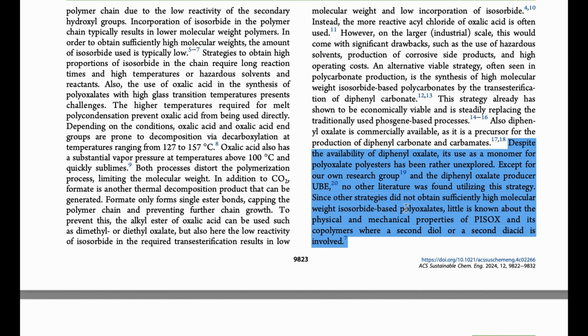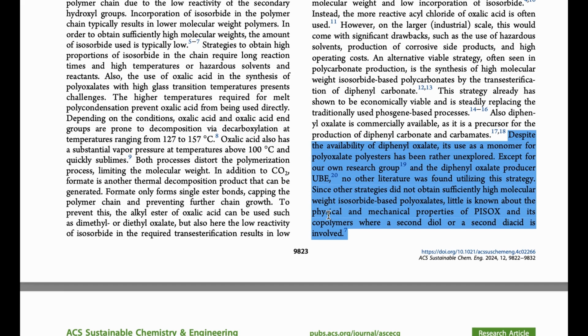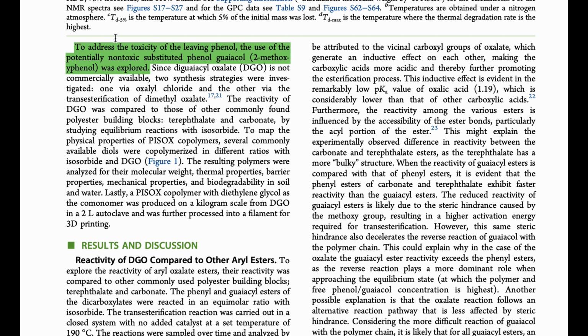Since other strategies didn't obtain sufficiently high molecular weight isosorbide-based polyoxalates, little is known about the physical and mechanical properties of this substance and its copolymers. This is the research gap highlighted. Then, toward the end of the introduction, they explain how they want to address it.